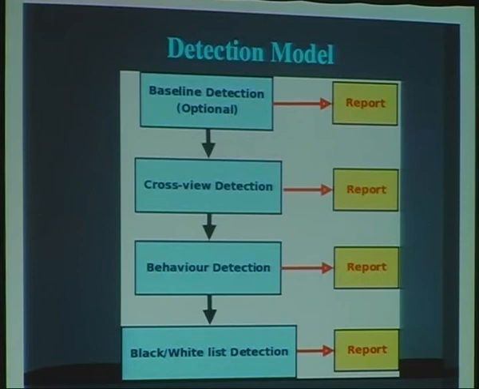Behavior detection can report malware. Blacklist and whitelist detection can report malware as well. So you can perform many detections, and each detection can report malware for you. We have many detections like that because we want to make sure that if one malware evades one detection, it can be reported by another detection method.